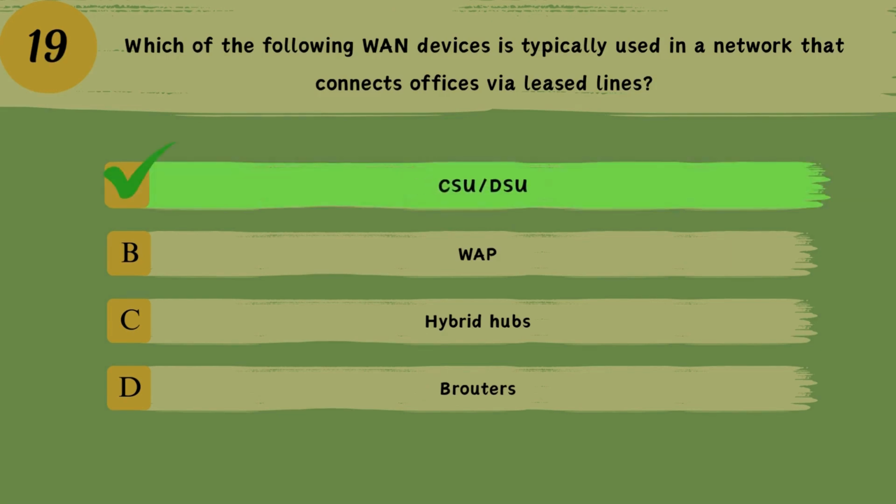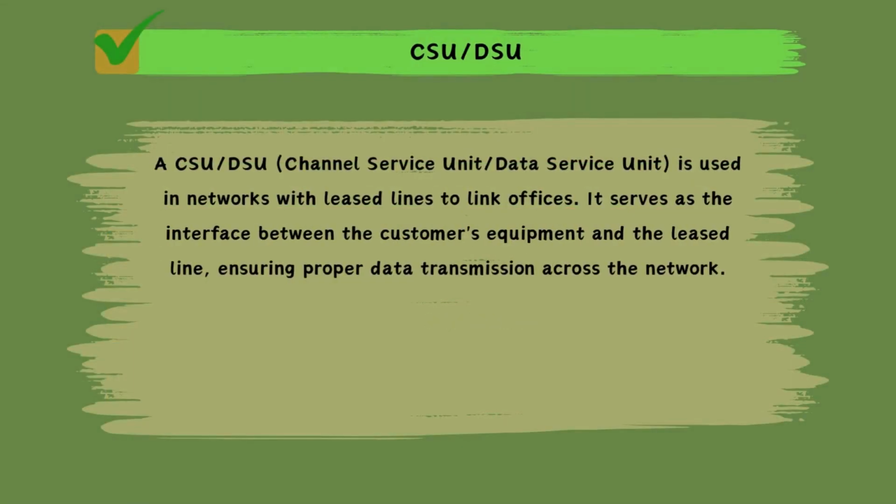Correct answer, A. CSU/DSU. A CSU/DSU, channel service unit/data service unit, is used in networks with leased lines to link offices. It serves as the interface between the customer's equipment and the leased line, ensuring proper data transmission across the network.